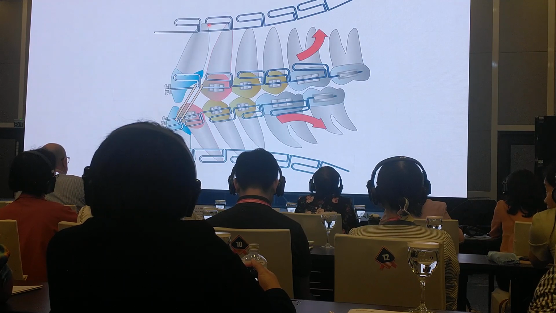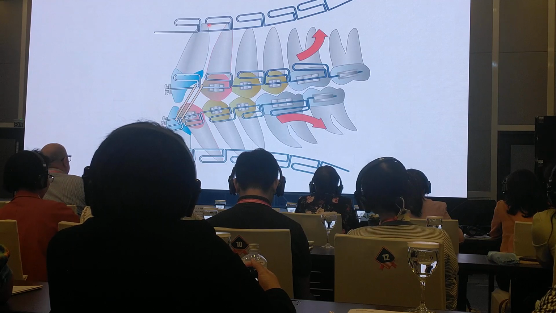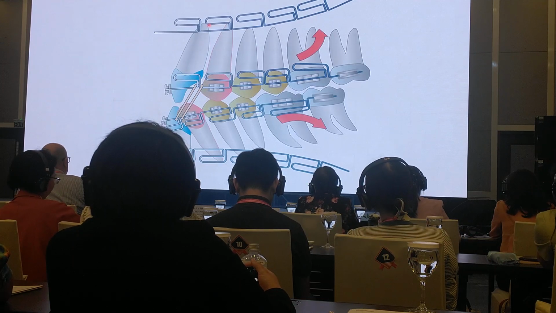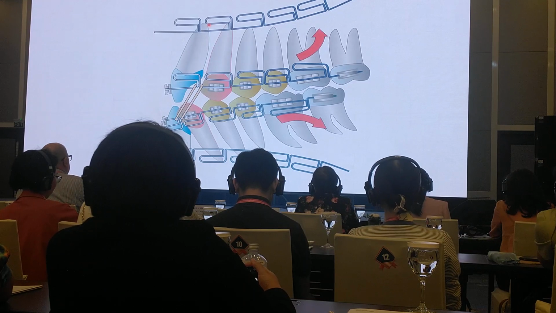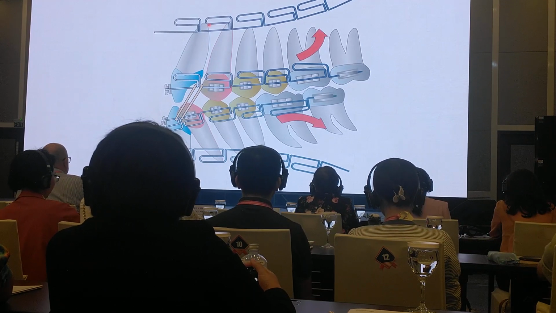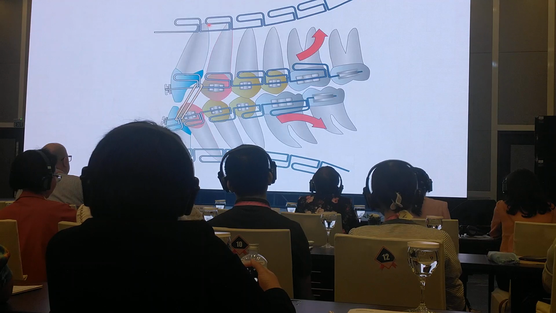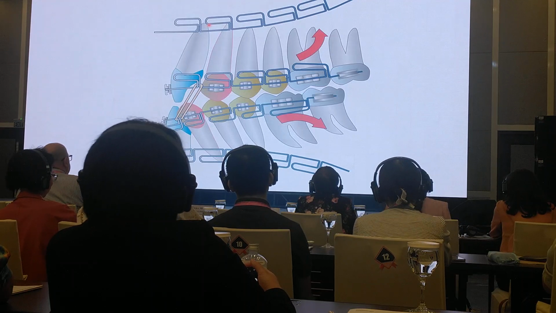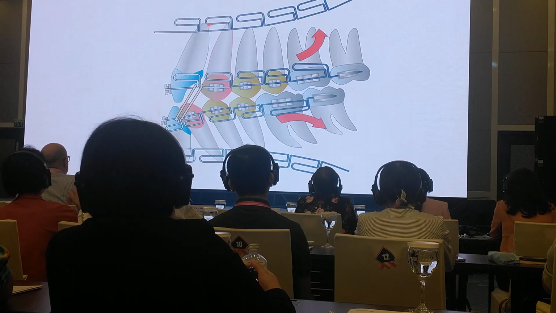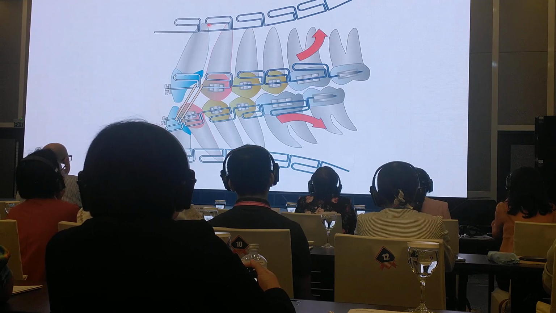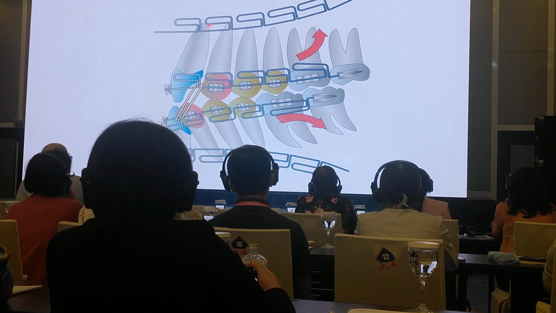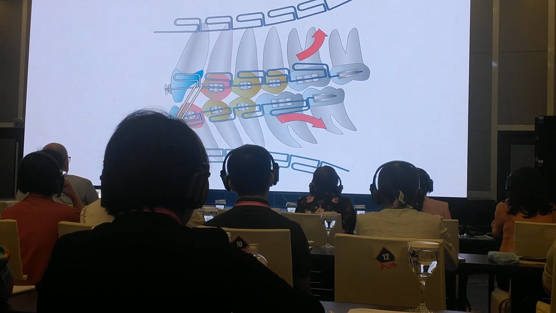I wanted to make a little steeper occlusal plane. Right? Because actually, the occlusal plane is very much flattening. Therefore, I want to go up more in the molar area of the occlusal plane.